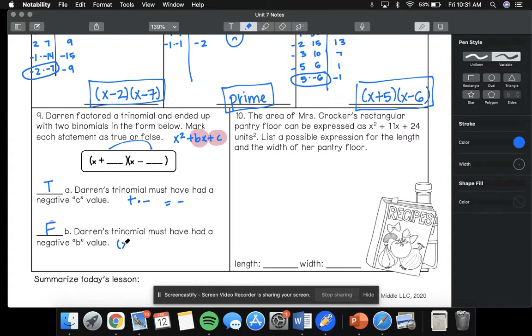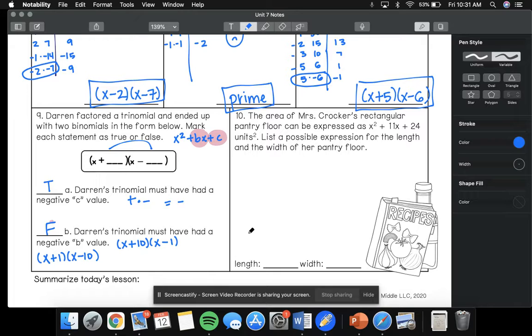Because if I have a problem like this, when I multiply here, I'll get 10x, and when I multiply here, I get -1x, so it'll actually be a positive. But if I were to flip those, then it would be -10x and positive 1x, which would result in a negative b value. So this really depends on what these numbers are and where they're placed.